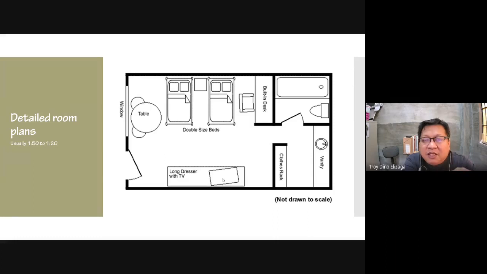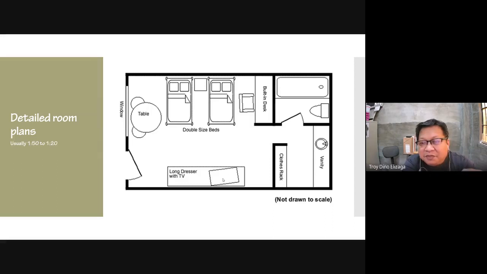But in the construction drawing, you don't show the furniture. You only show the architectural features like the walls, whatever is built in. So anything which is movable is not shown unless you need to indicate that it is located here. Like the refrigerator has to be located here, it cannot be located anywhere else. The bed, you can locate it anywhere, so you don't have to show it in outline.